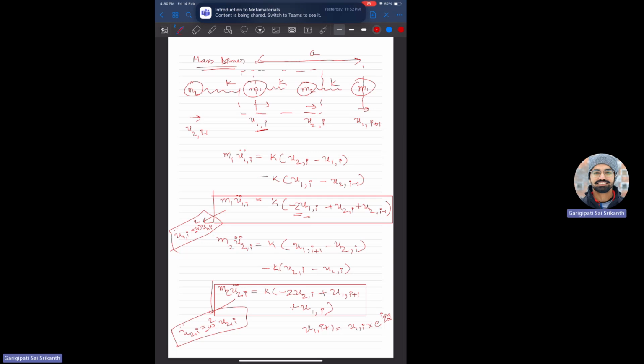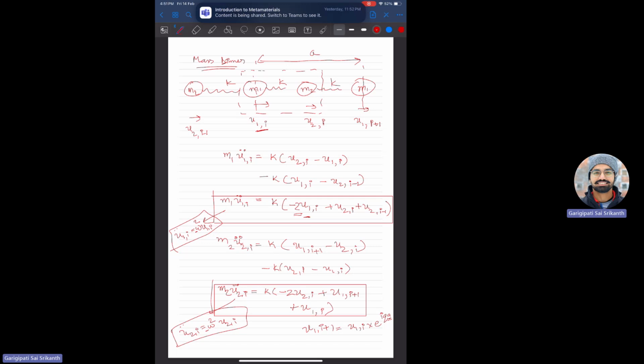The next particle is this M1, so it has to be U1, but since it's the next unit cell, it is I plus 1. And here it's M2, so it has to be U2, but since it's the previous unit cell, it has to be I minus 1. So these are all the 4 degrees of freedom that should be sufficient to write the equations of motion.